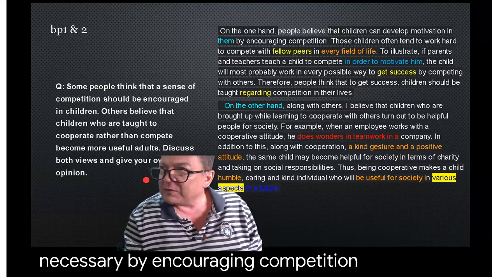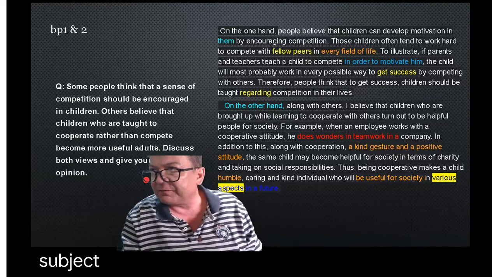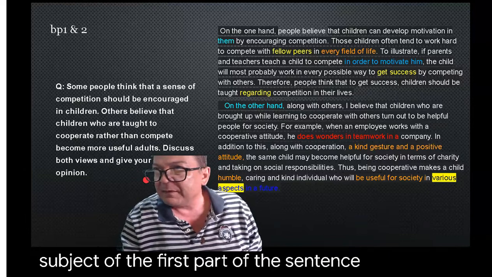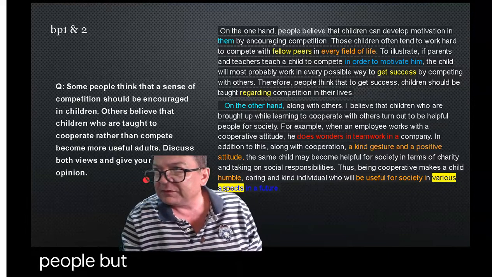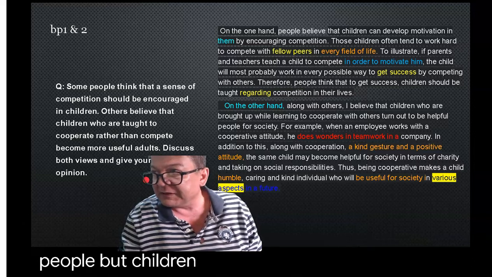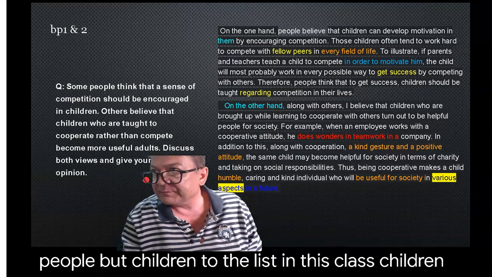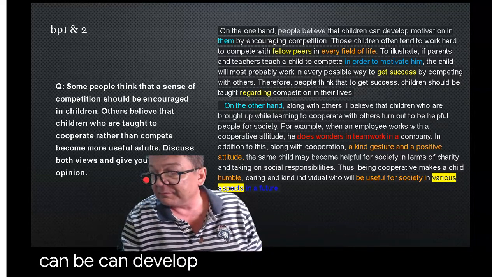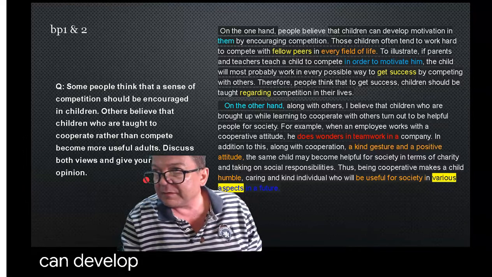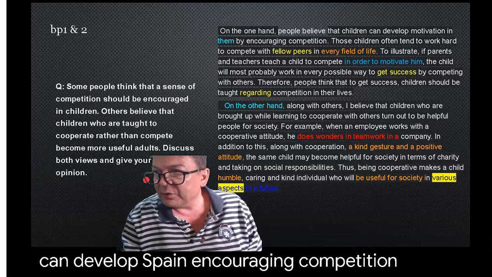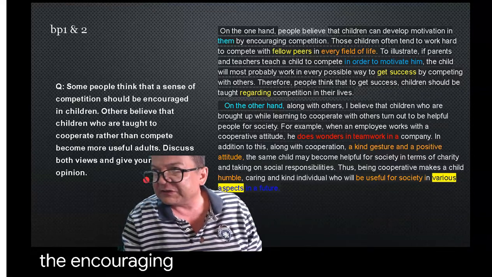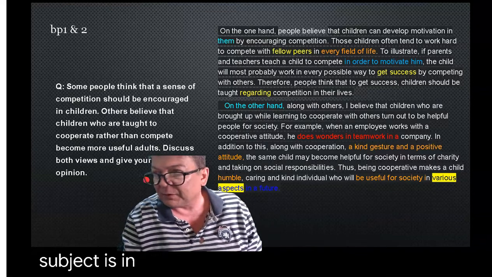Now, what is the subject of the first part of this sentence? Not people, but children, okay, at least in this clause, children can develop in them by encouraging competition. Who is the encouraging? It should be the same as in the subject, as in the first part.